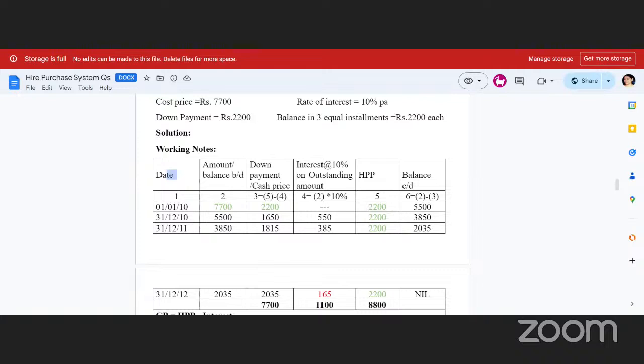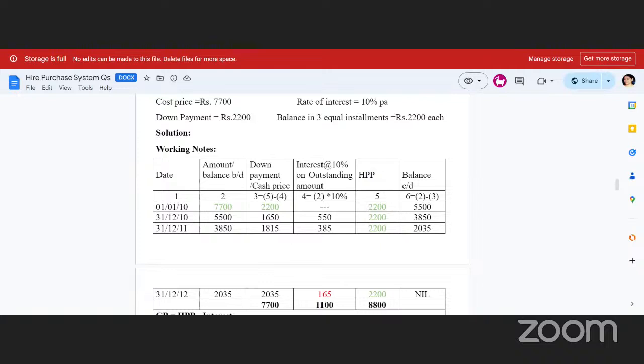In the first column I took the date, the second column is the balance brought down at the beginning of the year, the third column is the down payment or cash price paid, the fourth column is the interest paid, the fifth column is the hire purchase amount, and the sixth column is the balance carried down, the year ending balance. Are you understanding?